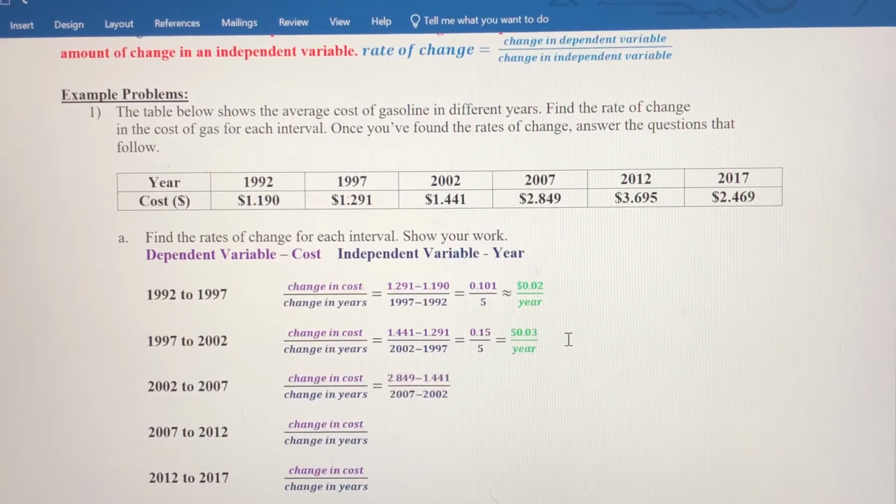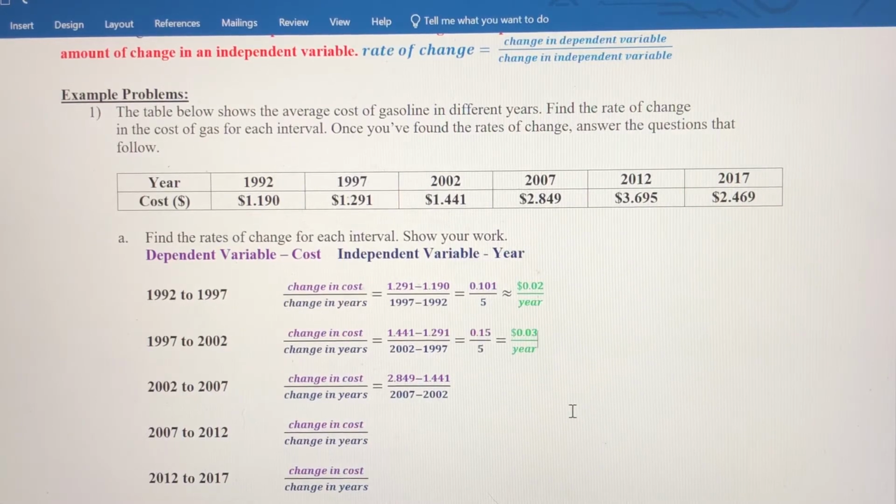From 02 to 07, we're using these two ordered pairs now. Again, want to be consistent. So I'm going to start in the numerator with 2.849 minus 1.441. Because I started with 2.849 in the numerator, I have to start with 2007 in the denominator. Just want to be consistent there.